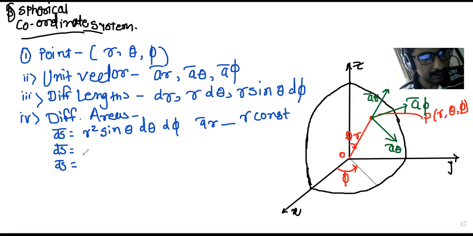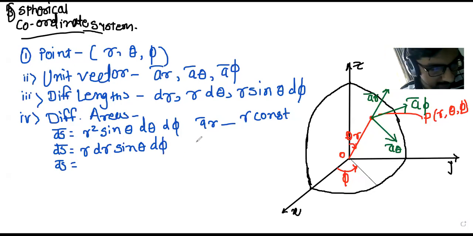Next we have ds bar for theta constant, right? So when this theta is constant, you simply have to multiply this length and this length. So r dr sine theta d phi, and the direction is given by a bar theta, right?